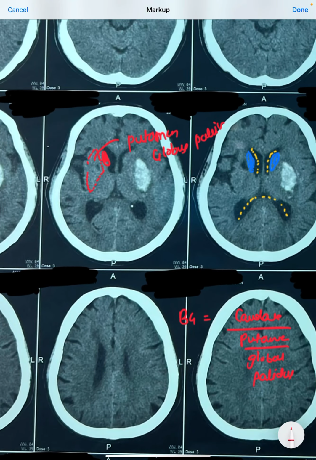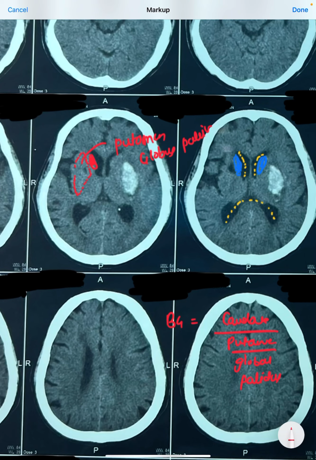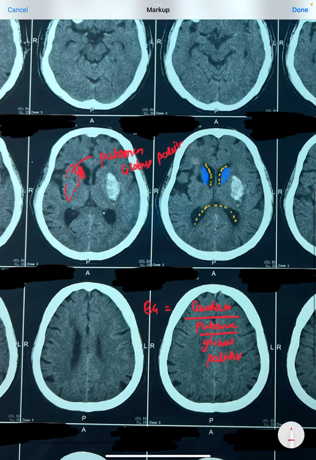So very commonly, whenever there is involvement of these structures, there will be loss of muscle activity, what we call paralysis, which is very commonly seen.